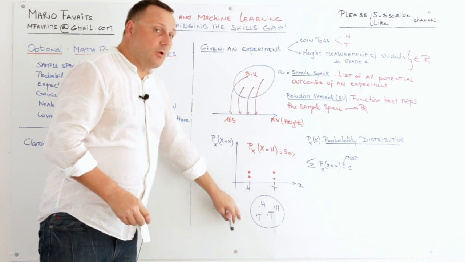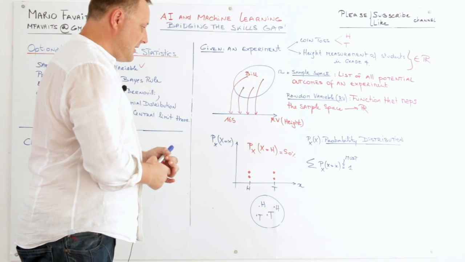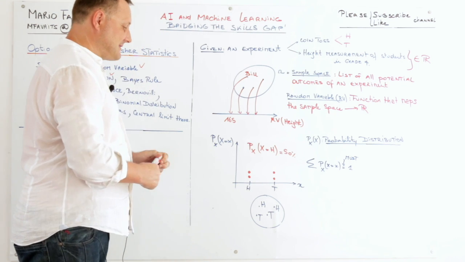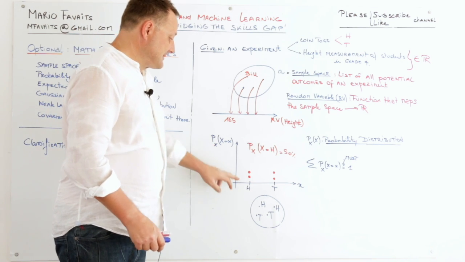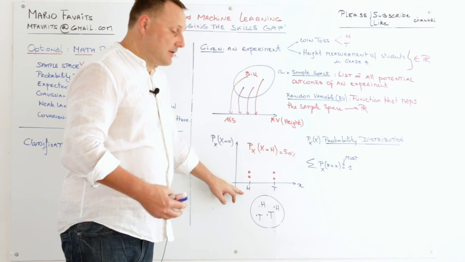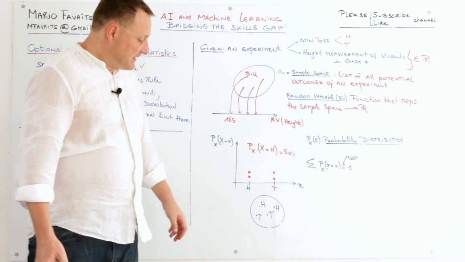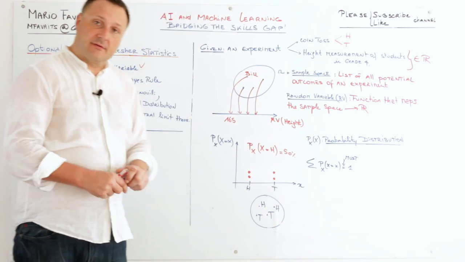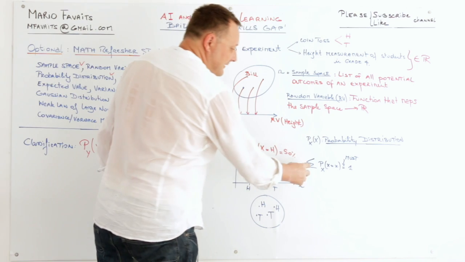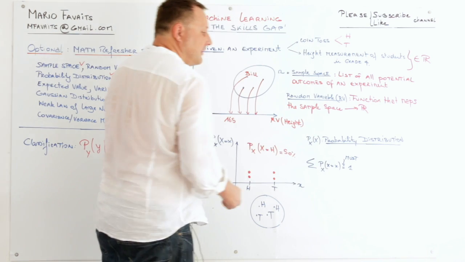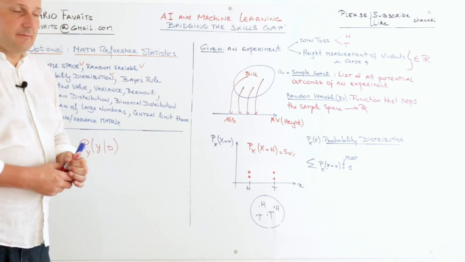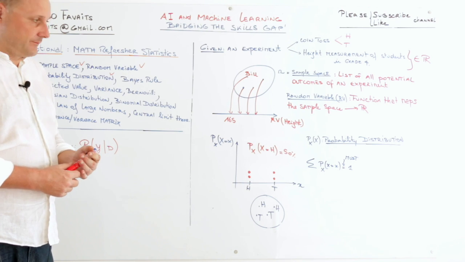Of course, these are all the possible outcomes. So if we calculate the chance that X is head and we add up the chance that X is tail, we have covered 100%. Yeah? So the sum of these probabilities equals 1.